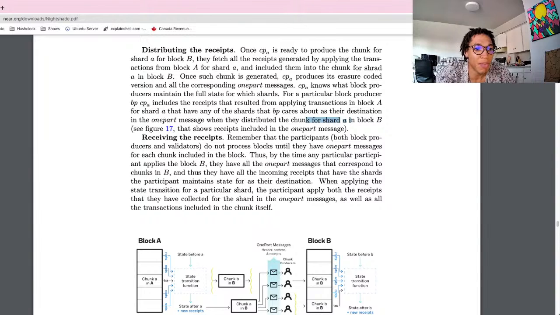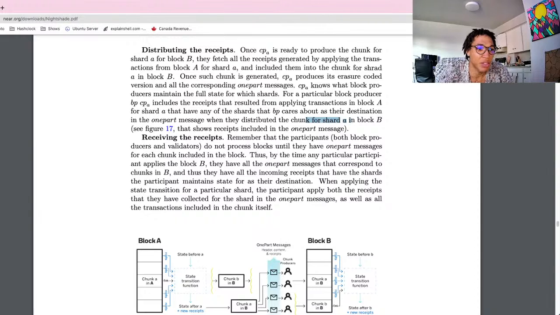Receiving the receipts. Remember that the participants, both block producers and validators, so they're saying participants because they're saying all of them, do not process blocks until they have one-part messages for each chunk included in the block.